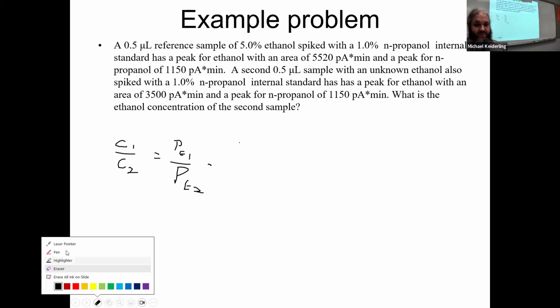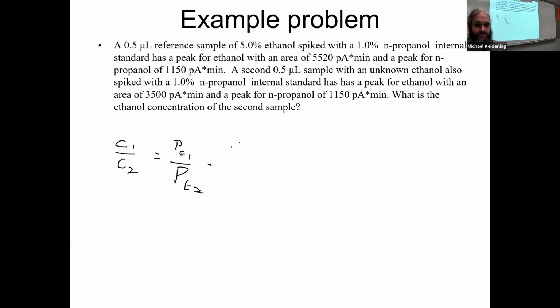Just to make sure that you're having the right thing, it would be a peak of propanol 2 over peak of propanol 1. Because if you're seeing a bigger propanol peak and you know that corresponds to the same concentration, you need to lower the size of the appropriate ethanol peak.